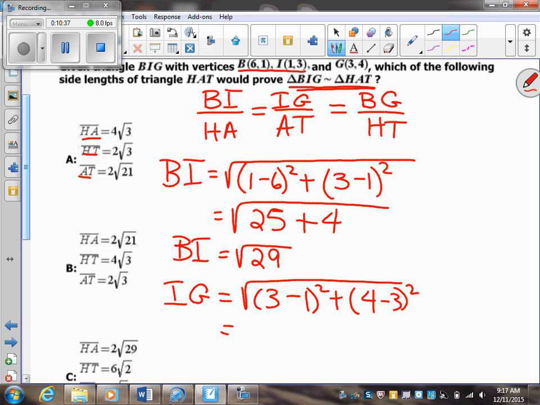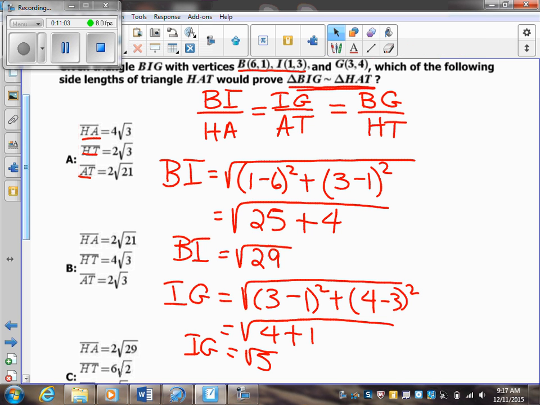In this case, I will get 3 minus 1 is 2, 2 squared is 4, plus 4 minus 3 is 1, right? It's 4 minus 3, yeah. 1 squared is going to be 1. So this is square root of 5. So this also cannot be simplified, right? IG. So just leave it like that.